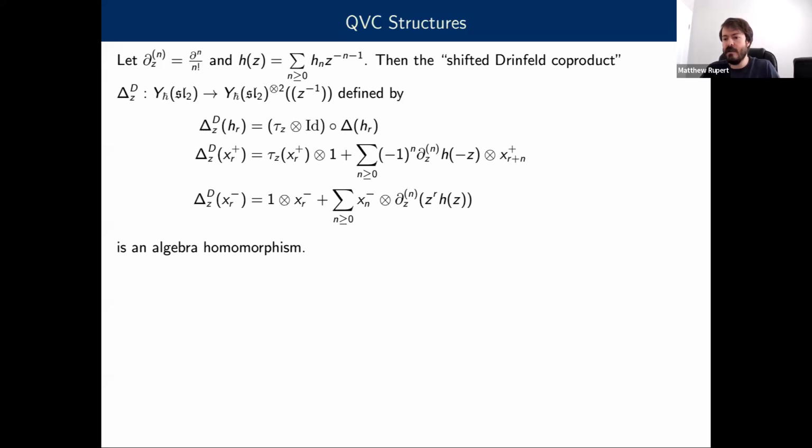It's a very simple and naive construction. It doesn't quite work because the coproduct has infinite sums in it, so it's not really a coproduct.